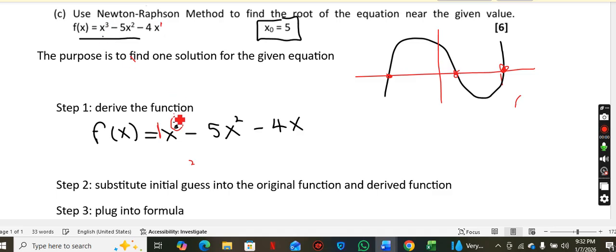So you multiply the power by the coefficient, 3 times 1, that is 3. Then after you've multiplied the power by the coefficient, you subtract a 1 from the power. 3 minus 1, that is 2. So for our first term, we get 3x squared. Any questions?